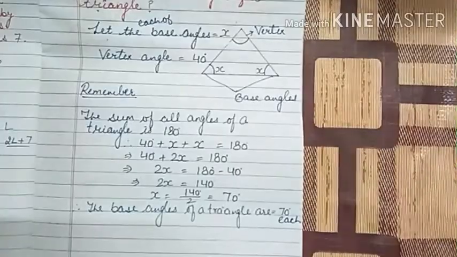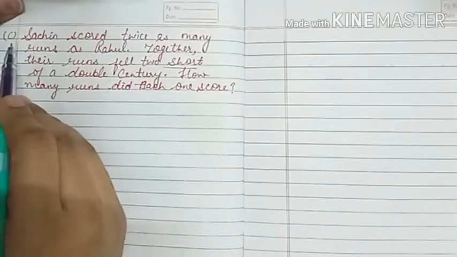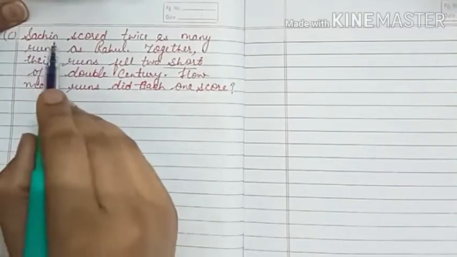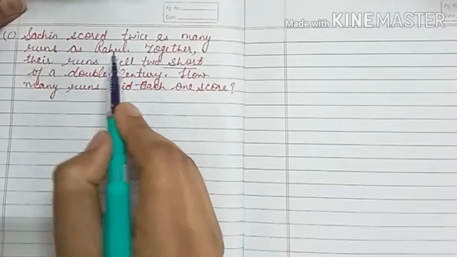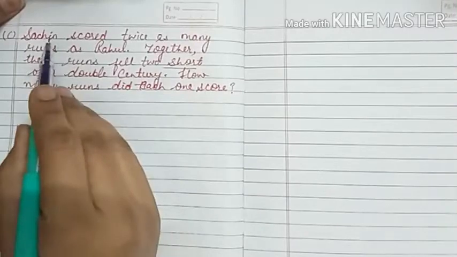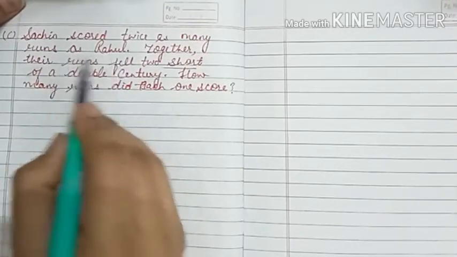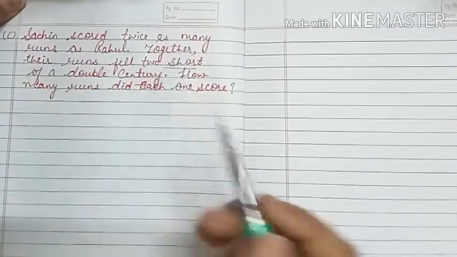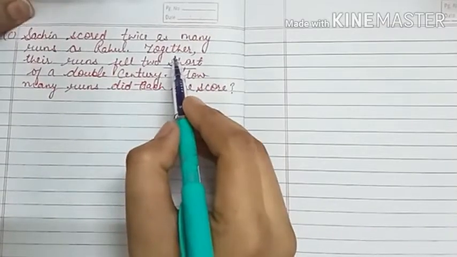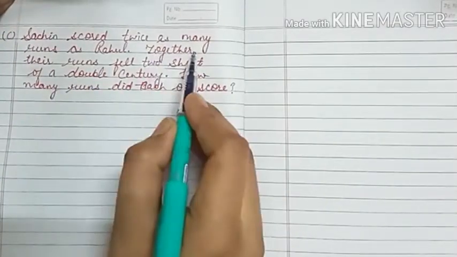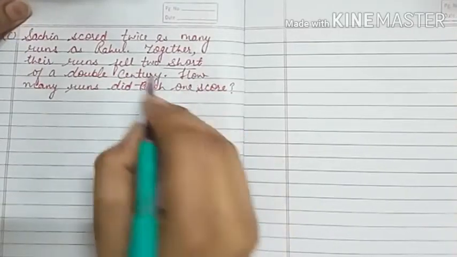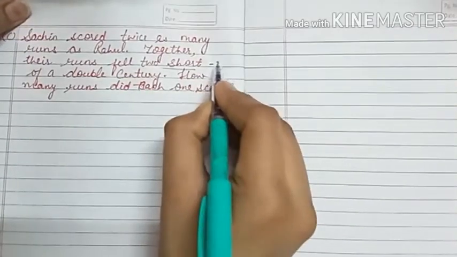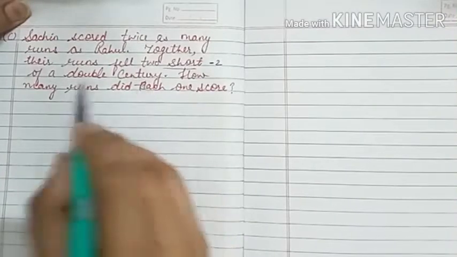So this was B part. Let's come to C part. Here it is given, Sachin scored twice as many runs as Rahul. So there are two boys, Sachin and Rahul. Rahul scored some runs and Sachin scored twice that. Also together their runs, together means the total of their runs, fell two short of a double century.